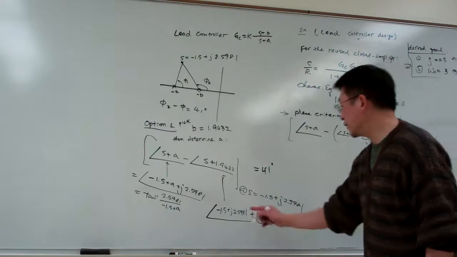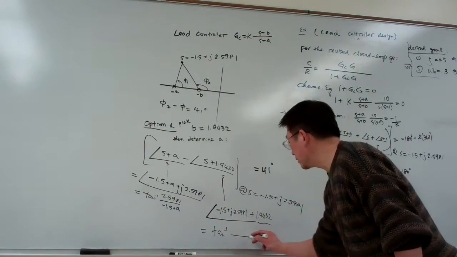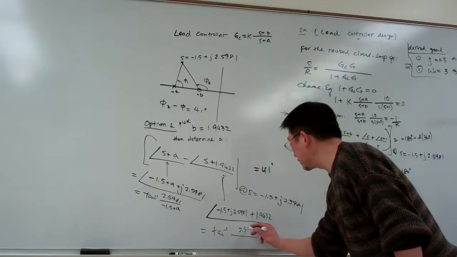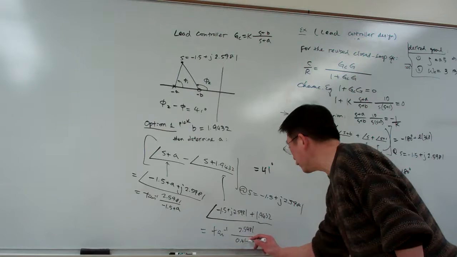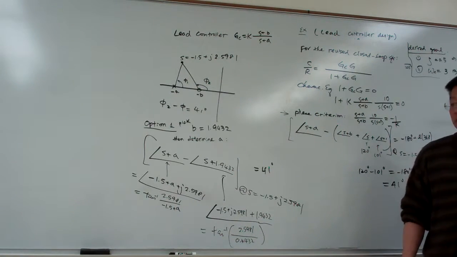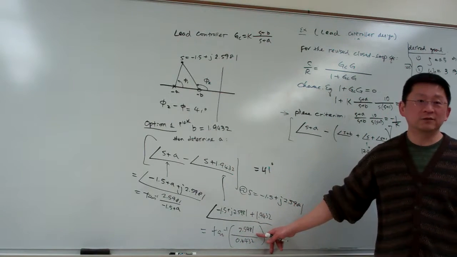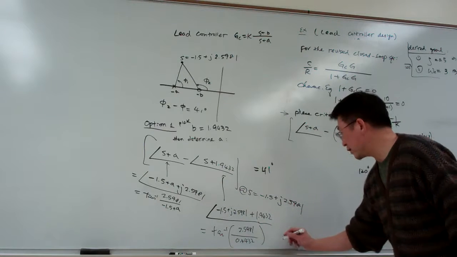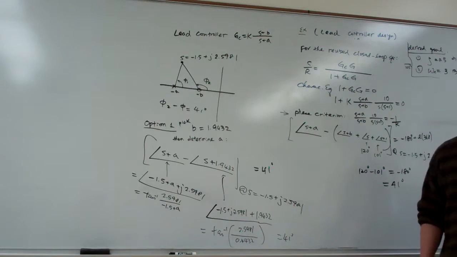Okay, so then basically this angle equals arctangent of 2.5981 over 0.4432, right? So if you choose a different number for B, then basically this number will change. But anyhow, the two numbers must equal 45 degrees. Then you can figure out the A.